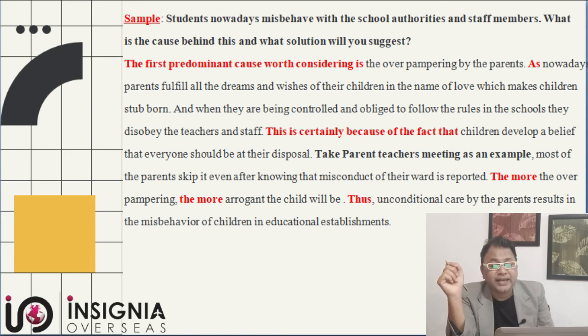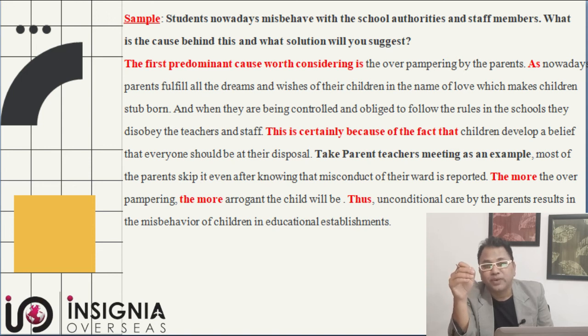Many parents intentionally skip parents-teachers meeting even after knowing that the misconduct of their ward or misconduct of their child would be reported. This is the apt example of supporting my main idea, that is over pampering by the parents.